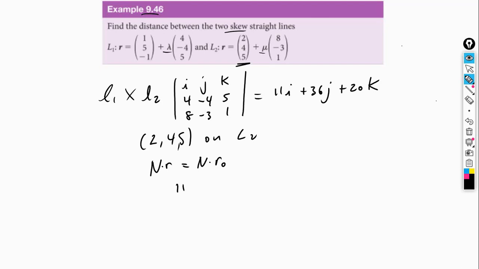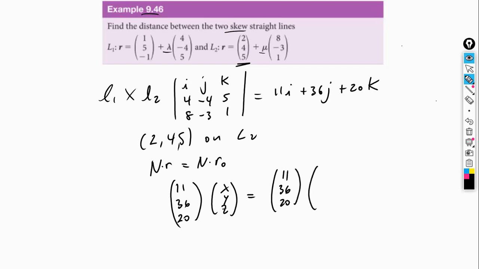So 11, 36, and 20 dot r, which is just x, y, z, should equal the dot product between the normal, 11, 36, and 20, and 2, 4, and 5, which is r sub 0 for line 2.